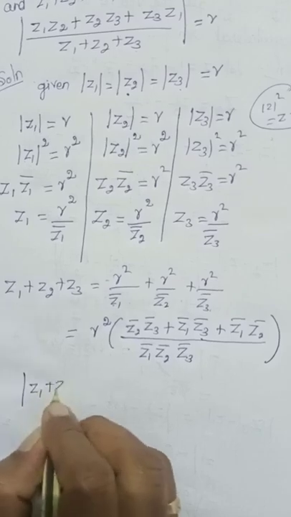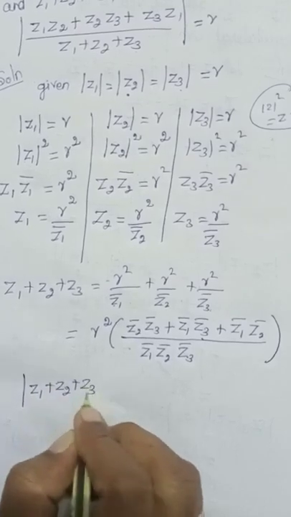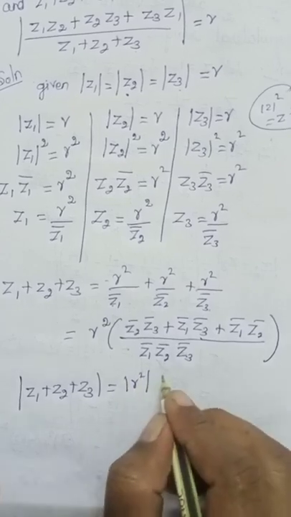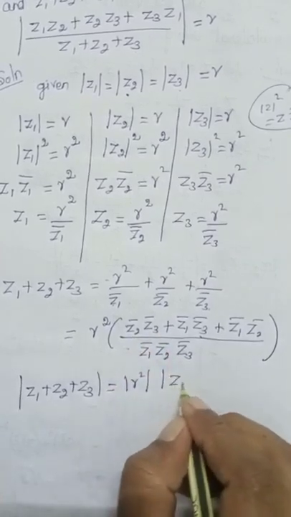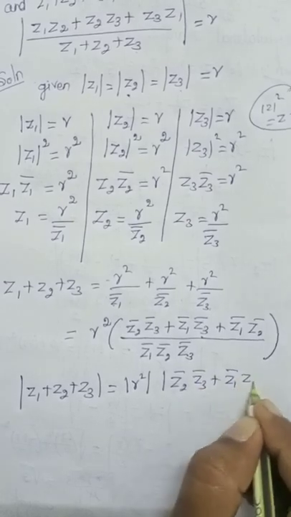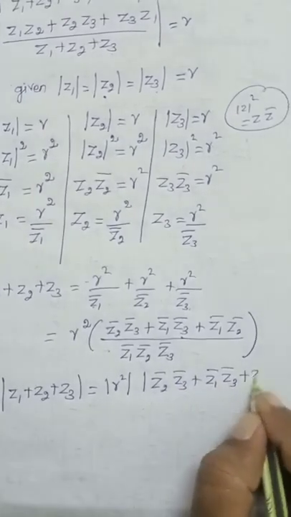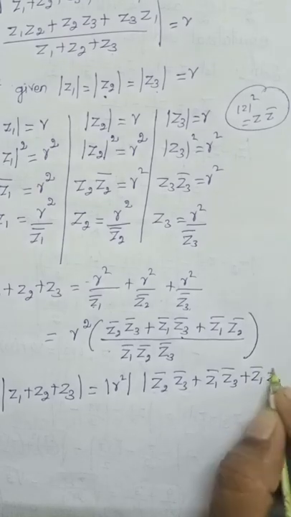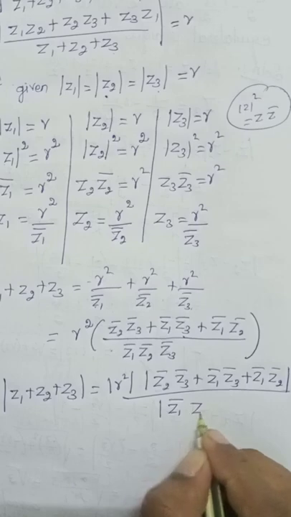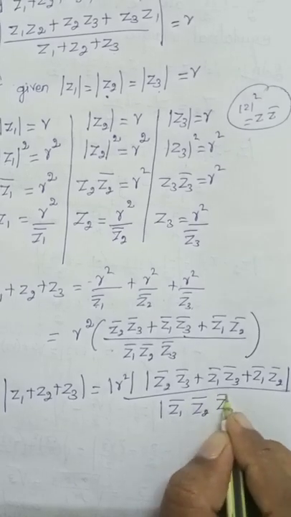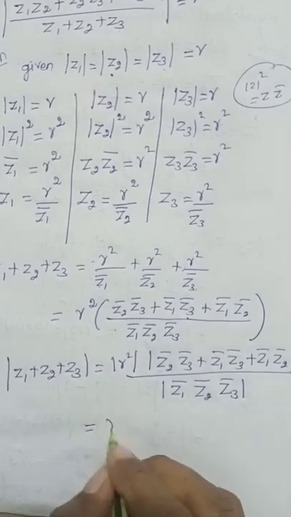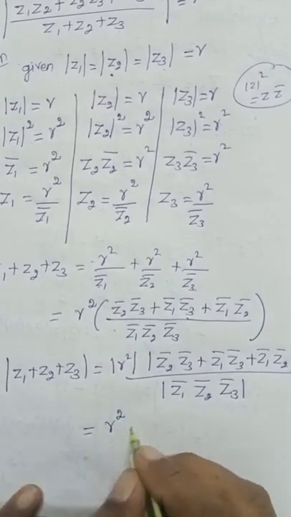Modulus Z1 plus Z2 plus Z3 is equal to modulus R square, and numerator modulus Z2 bar Z3 bar plus Z1 bar Z3 bar plus Z1 bar Z2 bar divided by modulus Z1 bar Z2 bar into Z3 bar. So modulus R square is R square, isn't it?